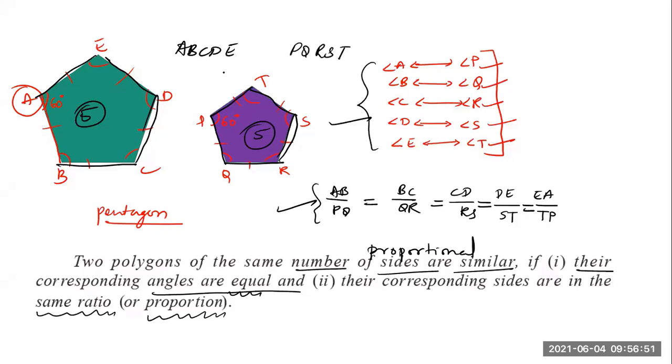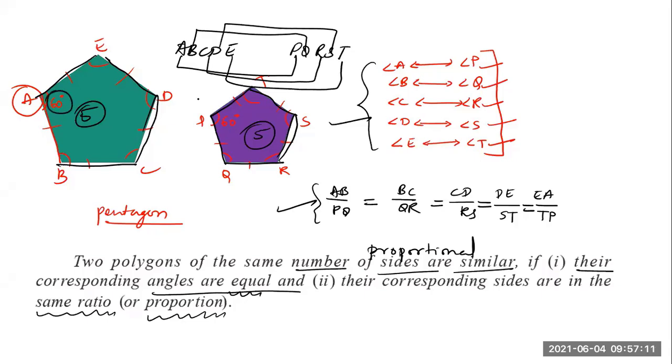So here A corresponds to P, B corresponds to Q, C corresponds to R, D corresponds to S, and E corresponds to T. That you should remember according to naming, or you need to check their values, 60, 60. Then only you can make them equal or corresponding. Is it clear?